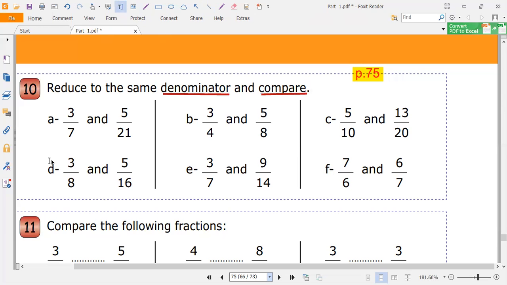So here we have 7. We have to look at the denominators, 7 and 21. Can 7 become 21? It becomes bigger, so we multiply. Yes, if we multiply 7 by 3 we get 21, so we have to multiply the numerator and the denominator of this fraction by 3.